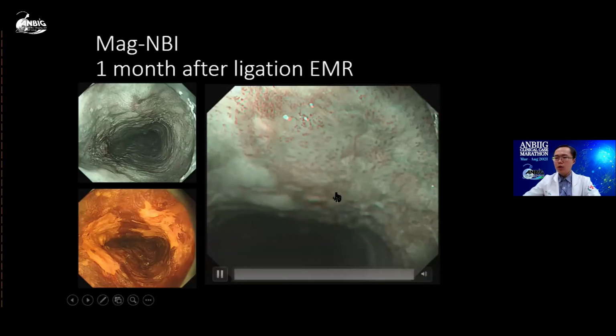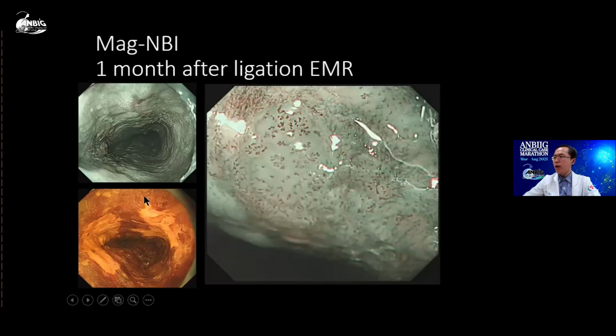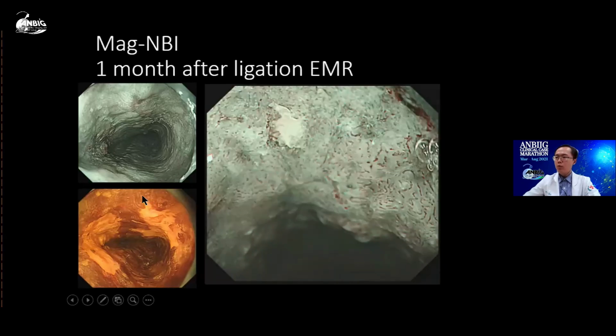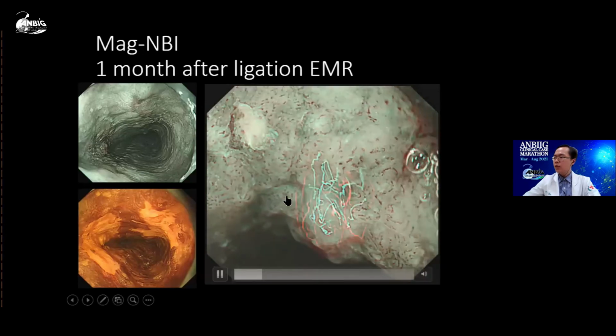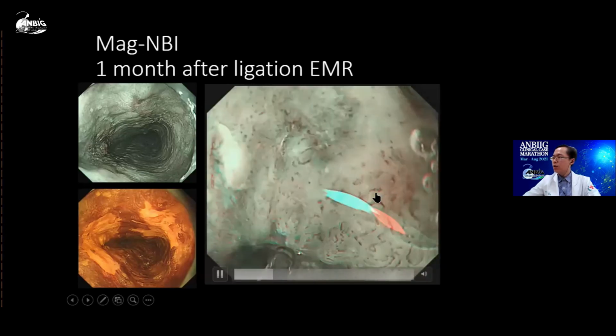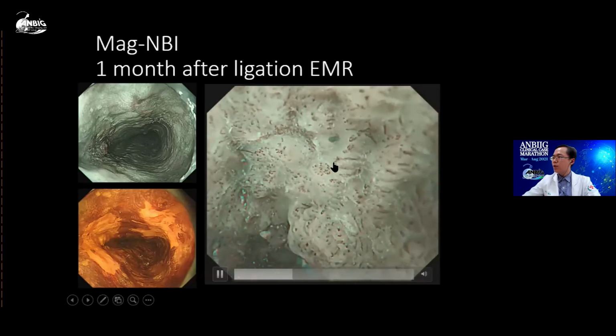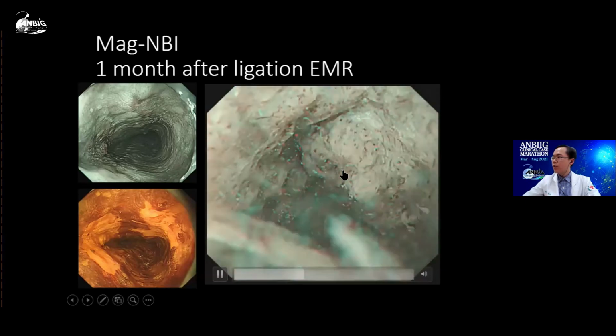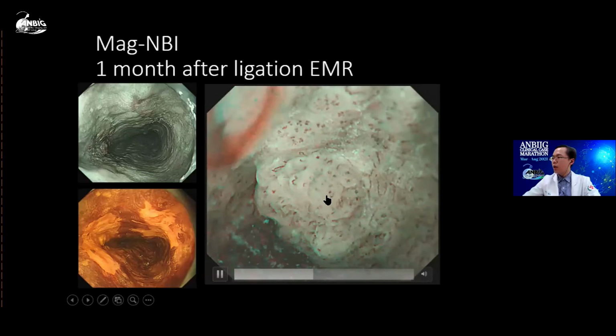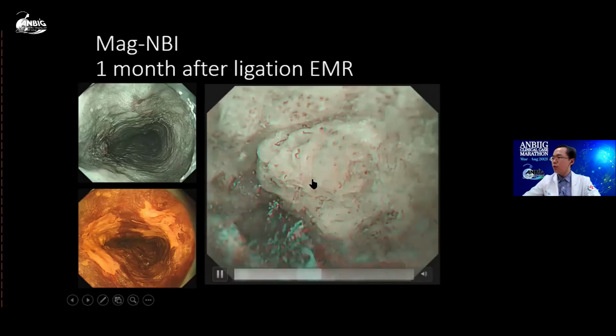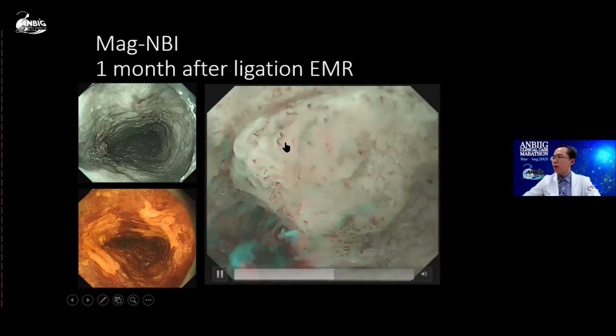Before ESD, we repeated the magnified NBI and chromoendoscopy. We can see some B1 loop IPCL and avascular area at the peripheral part, and B2 IPCL pattern at the nodular part.